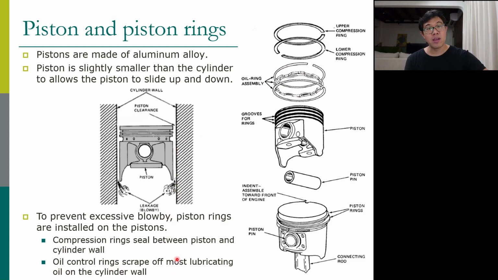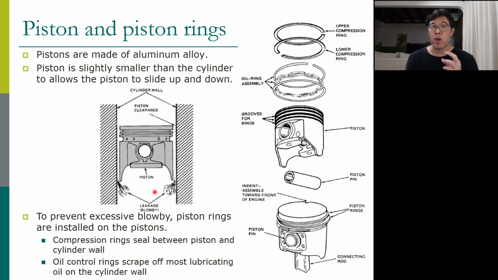Now this piston has to move very fast, right? It moves up and down all the time, and the engine RPM is, I don't know, 3000 RPM, right? So it goes up and down very fast.